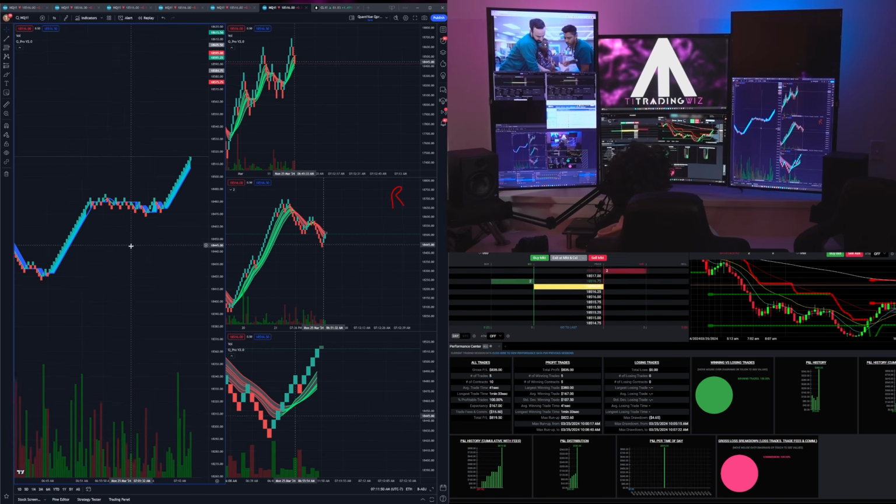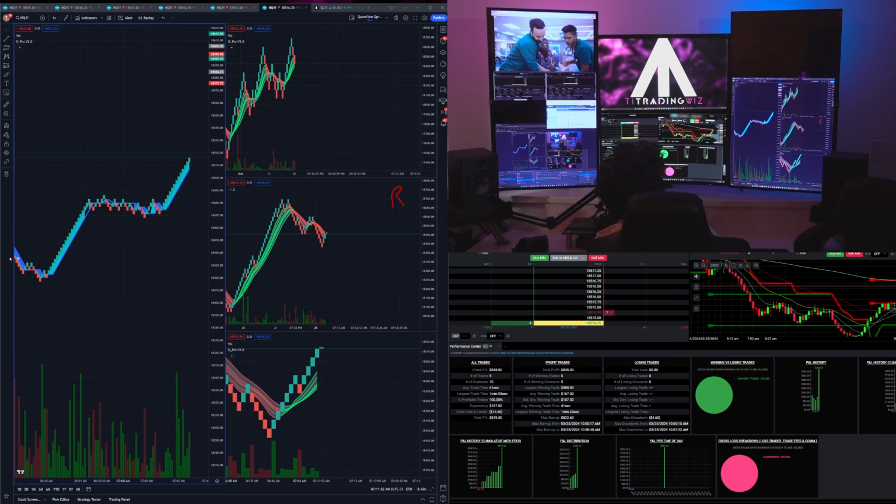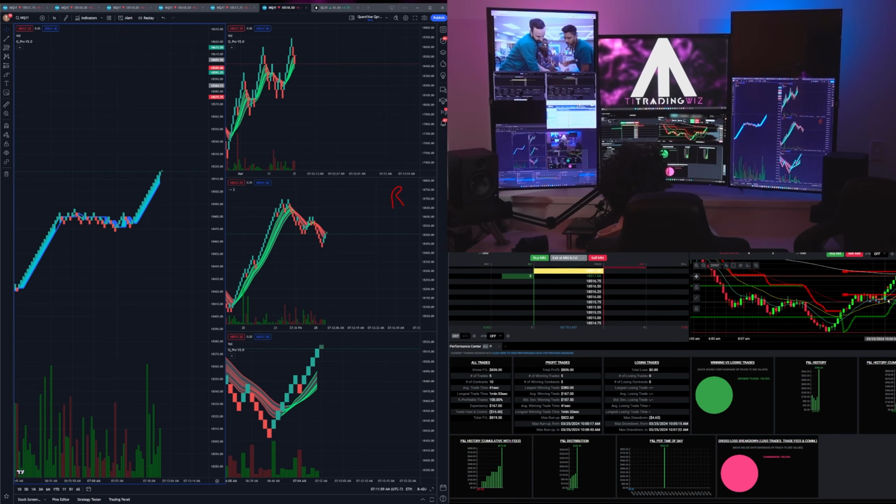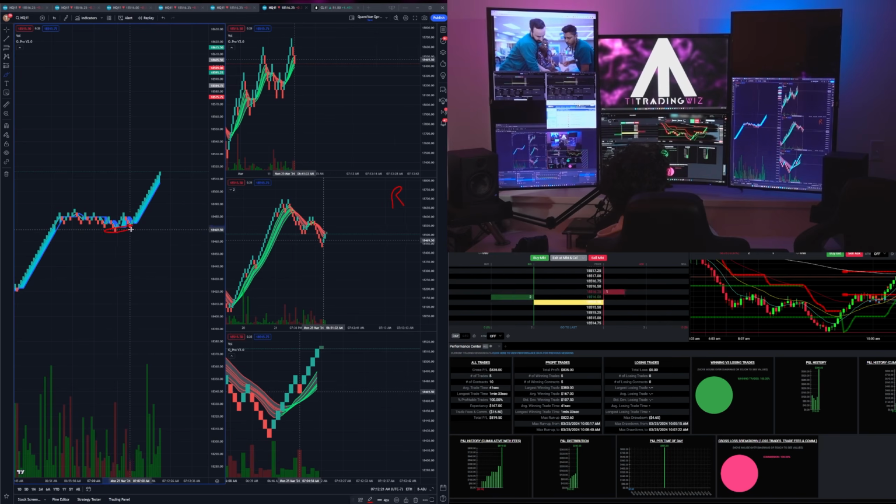The Q line's cool, right? But it does help when I can see all the moving averages converging on each other, like the 9 moving average now crossing over the 50 that already crossed over the 21, and that's a bullish sign. The fact that we are rejecting off the 21 moving average is a way to look for a potentially really good entry, really good risk to reward in this zone.